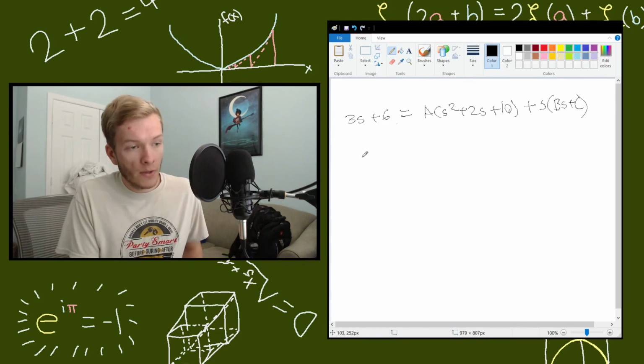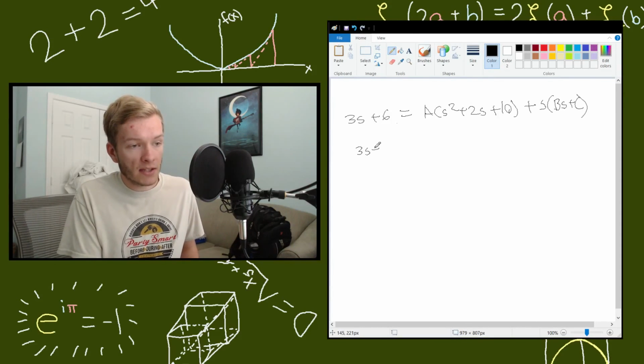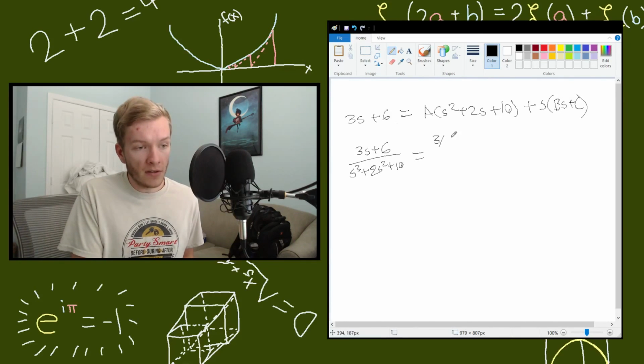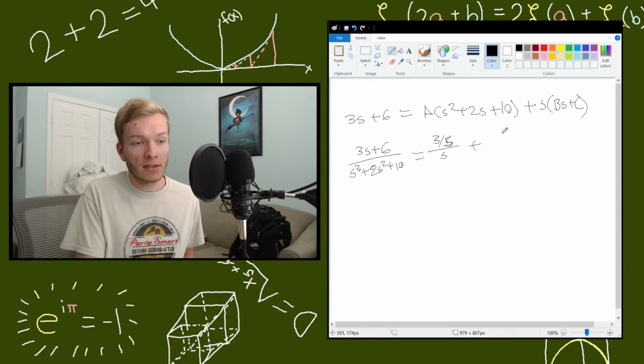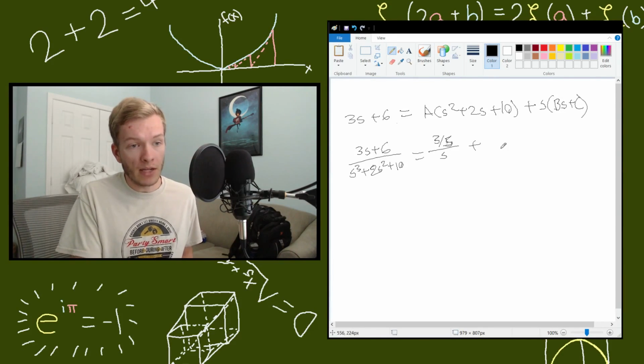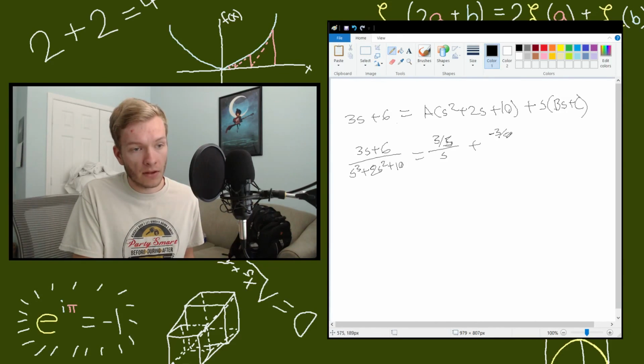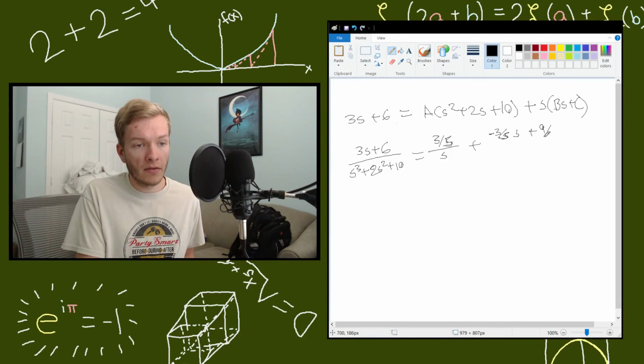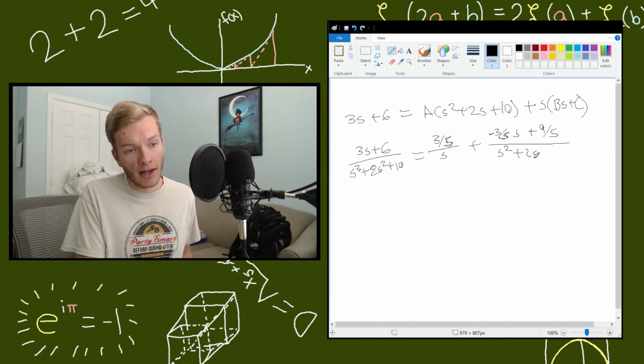So we have the answer of 3s plus 6 over s cubed plus 2s squared plus 10 is equal to 3/5 over s plus our b, which is negative 3/5, so negative 3/5 times s plus 9/5 all over s squared plus 2s plus 10.